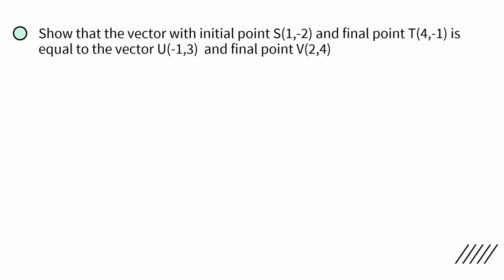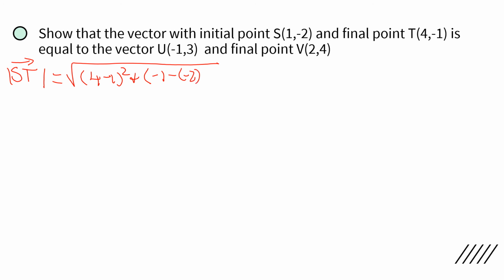Show that the vector with initial point S, the given point, and final point T is equal to the vector with initial point U and final point V, 2, 4. So here we have to prove that these two vectors are equal, and they gave us the initial and final points. So let's start with the magnitude of ST, which is going to be equal to the square root of 4 minus 1 squared plus negative 1 minus 2 squared, which gives us root 10.